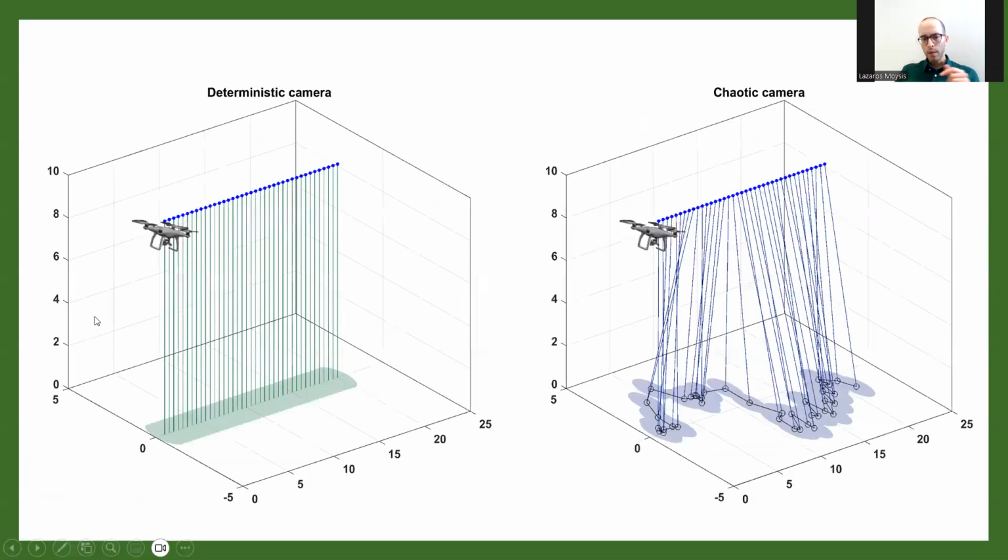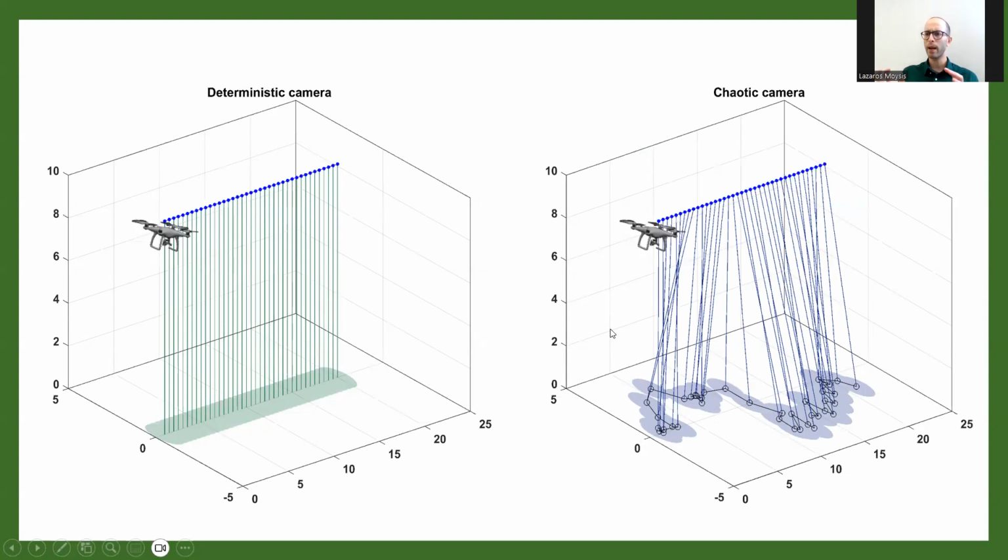So, this is a graphical representation. The UAV moves in both situations in a fixed coordinate, but in the deterministic case, we only take photos or videos of the exact area below the UAV, while in the chaotic case, the camera moves around and provides us some sort of chaotic surveillance of the given area.